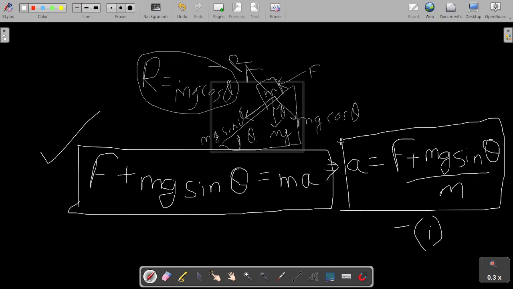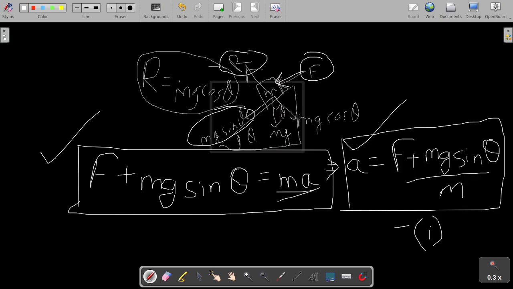Okay, so in this case, a is equal to F plus mg sin theta by m. If a force is applied in the downward direction, then it adds up with mg sin theta to produce motion in the body. And you need R, this is the reactionary force, to balance this mg cos theta. Okay, this is the first case.